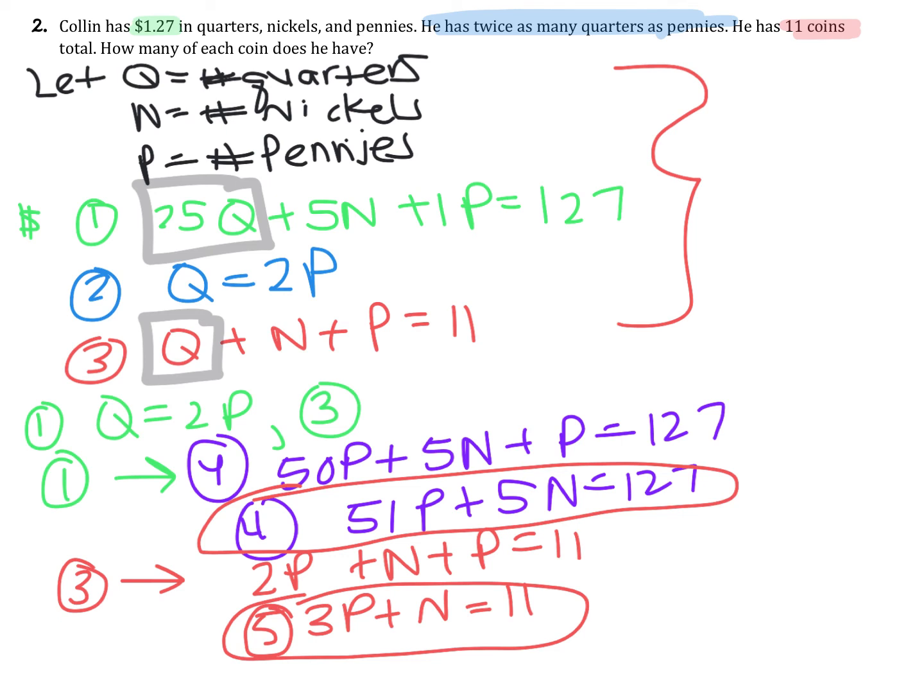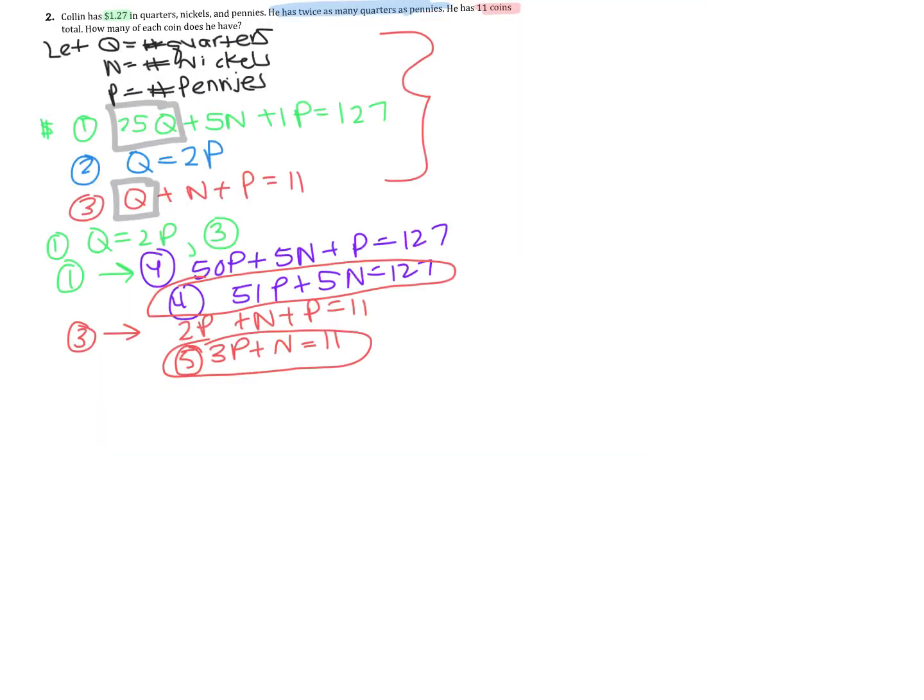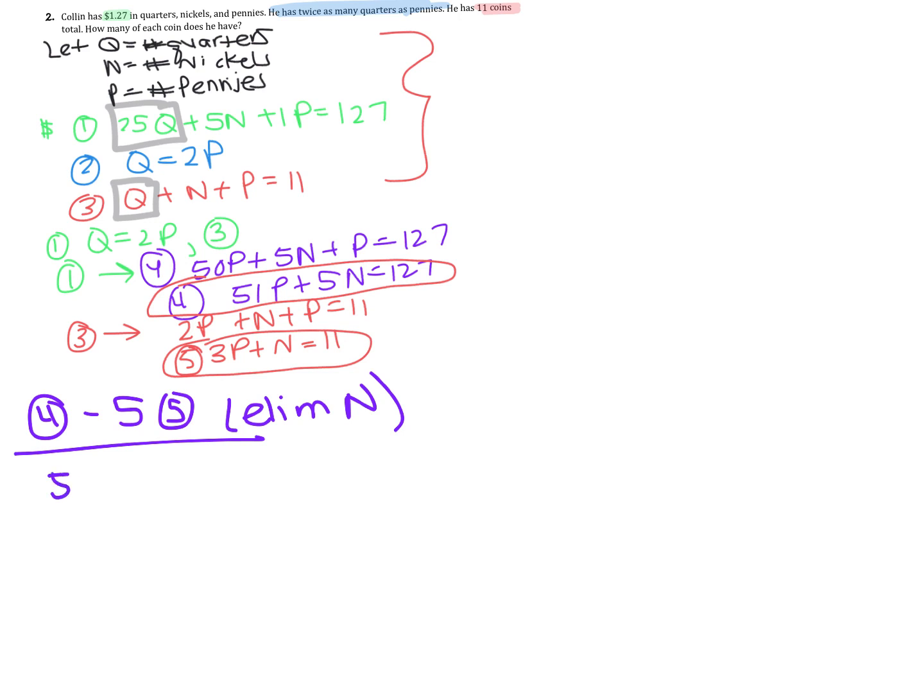And what I'm going to do to eliminate N is I'm going to multiply equation 5 by -5. So I'm going to make some more room. I'm going to keep equation 4 the same. So 4 is going to stay, minus 5 times equation 5. This is going to help me to eliminate N. So 51P plus 5N equals 127.